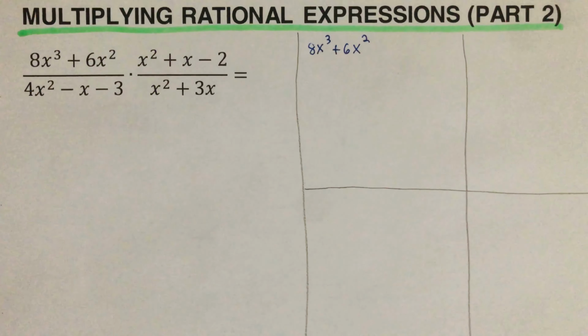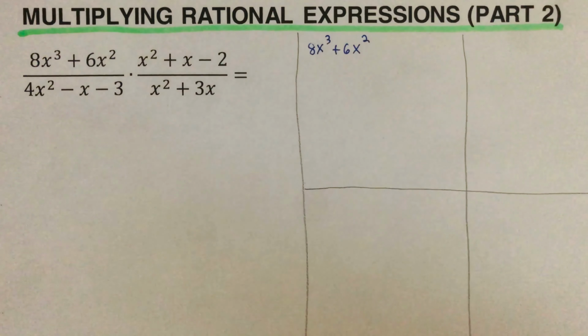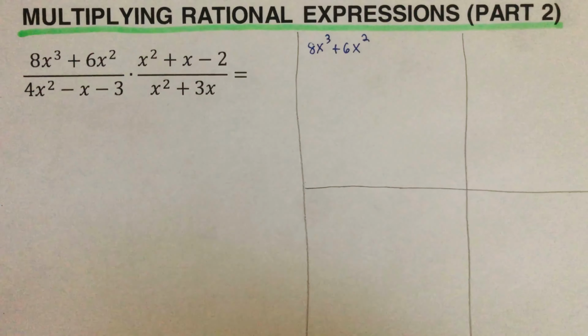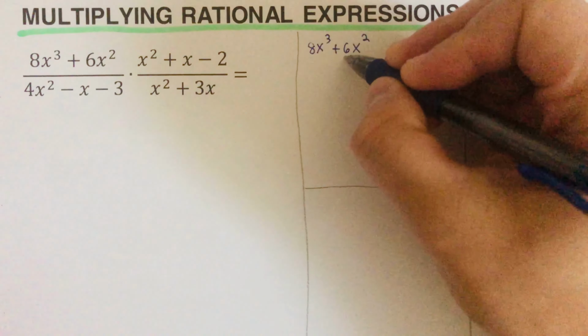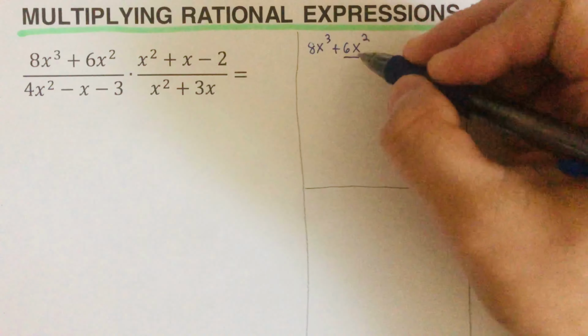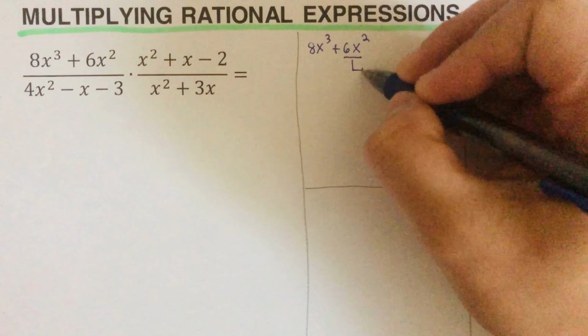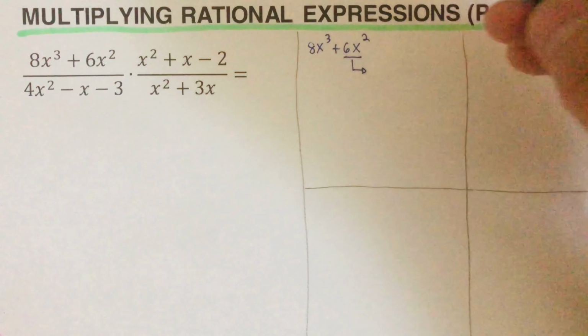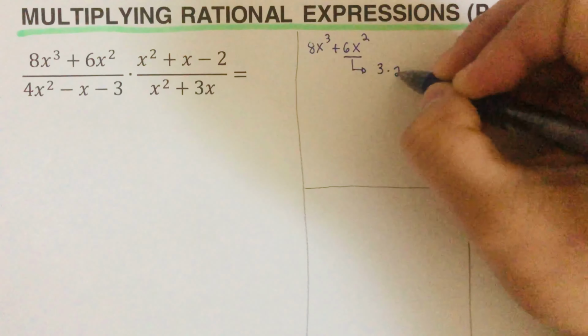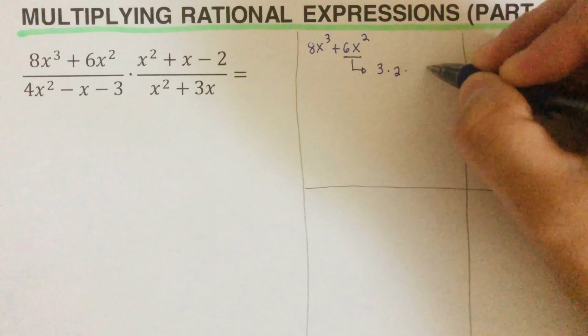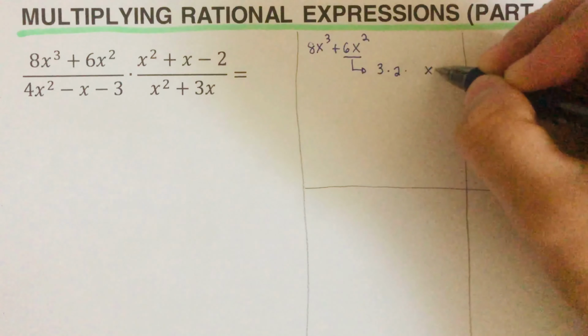Again, there's another video that talks about how to determine the GCF of a given expression and how we factor out the GCF of the given expression. So in this case, we can determine the factors of 6x squared to be 3 times 2 times 2 x's. So I'm just going to write x and x.